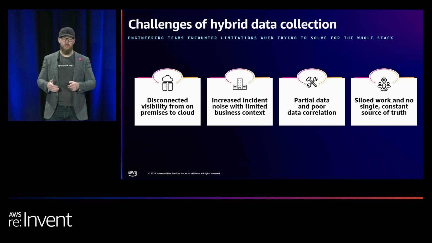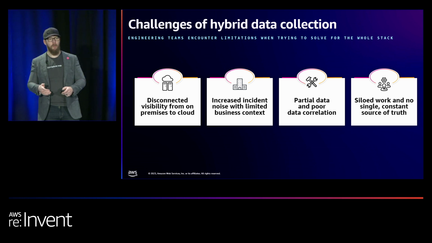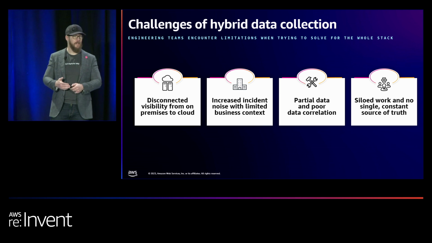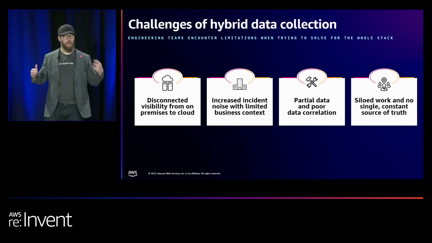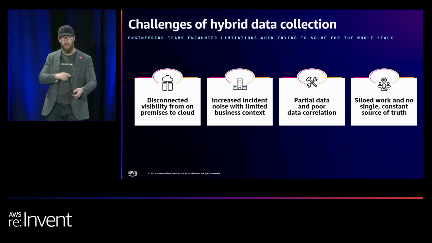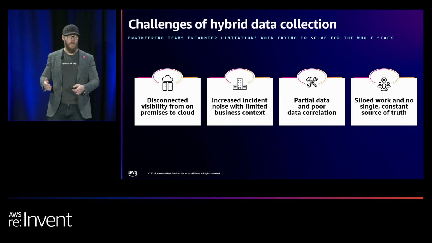It also deals with the problem of partial data collection or correlation, where you may not have a standardized set of tags or attributes or fields that allow you to correlate a metric with a log or a trace with a log or all three together. So it addresses the fact that you need normalization and standardization in your environment.